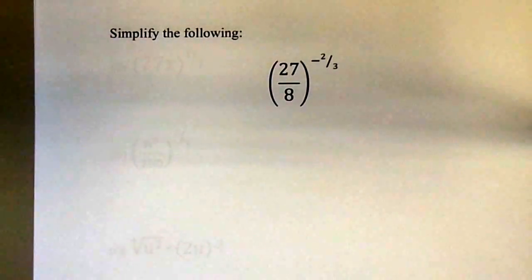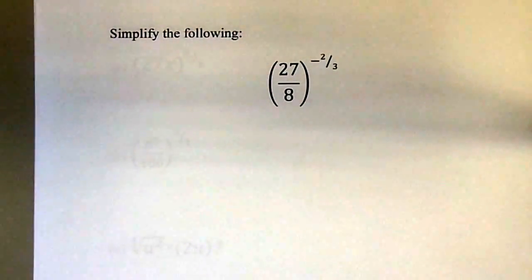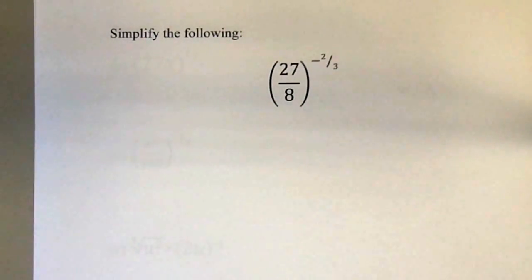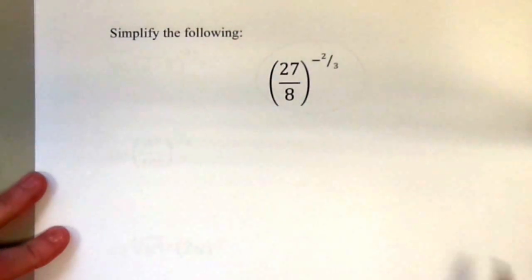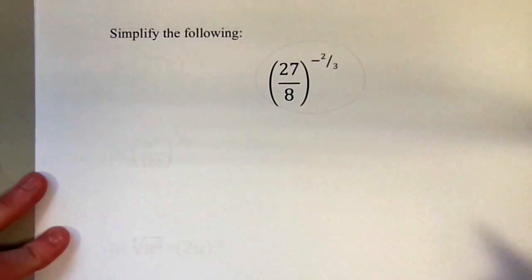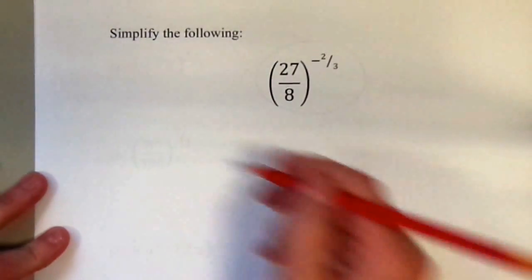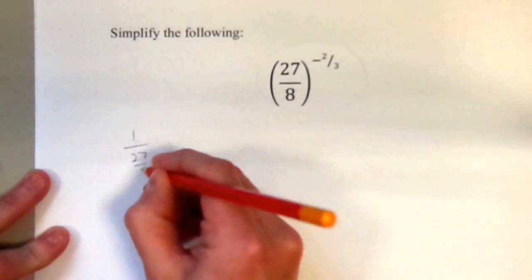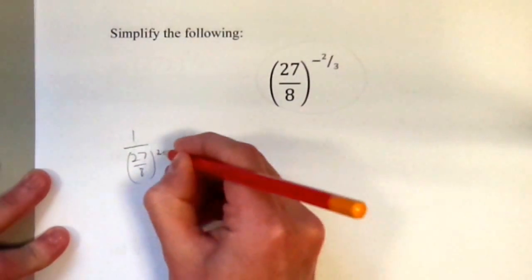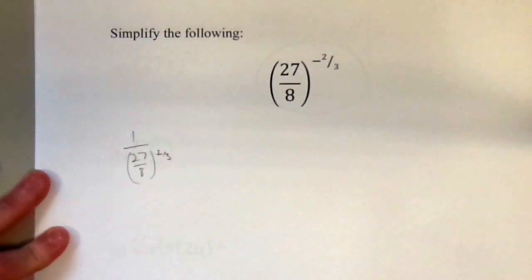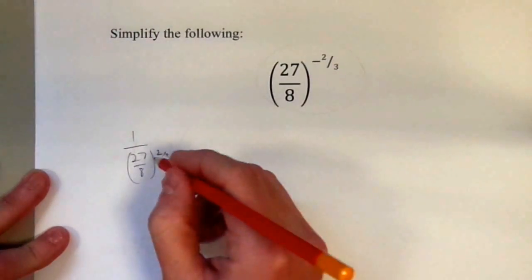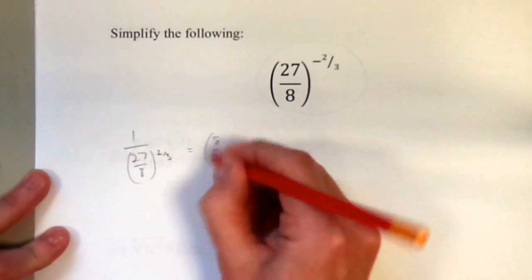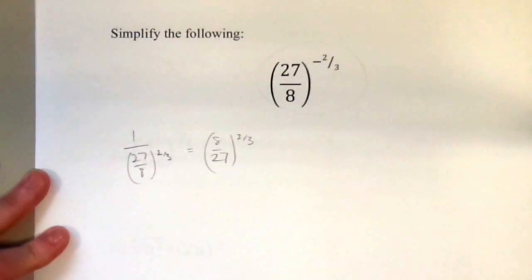Okay, we can use those rules to simplify expressions involving indices. This is quite complicated and can be simplified a lot. First of all, the negative power. This is the same as 1 over the positive power, and this is the same as that.